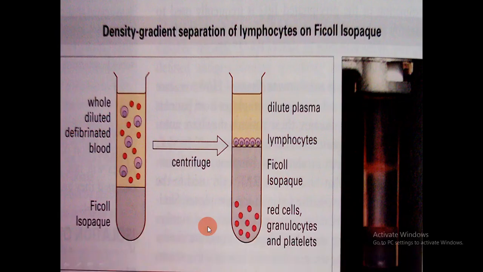So we have 4 layers: diluted plasma, lymphocytes, Ficoll, red cells, granulocytes, and platelets.